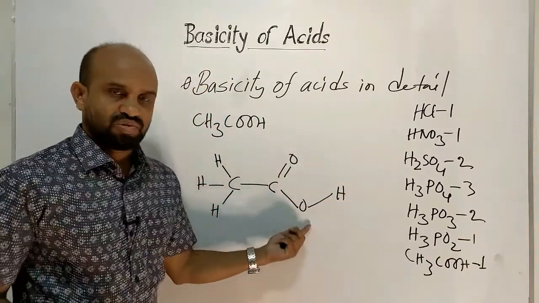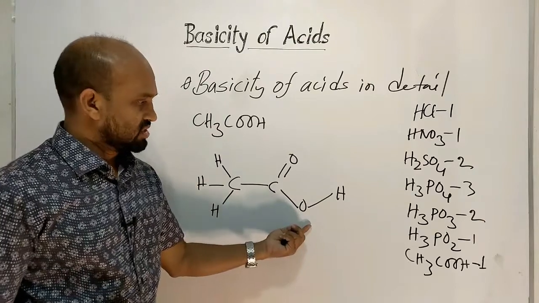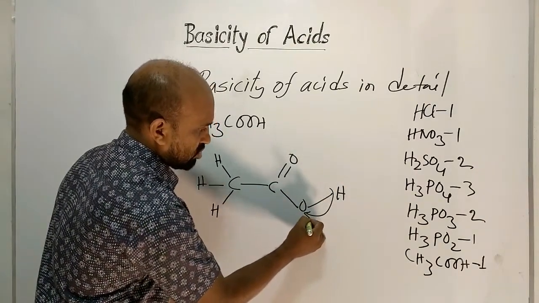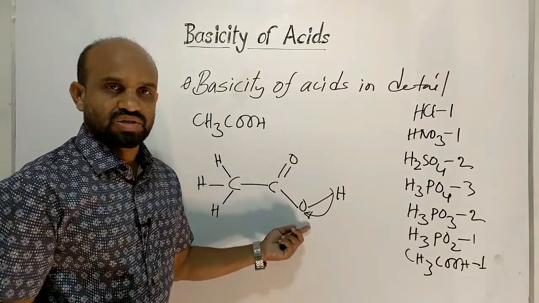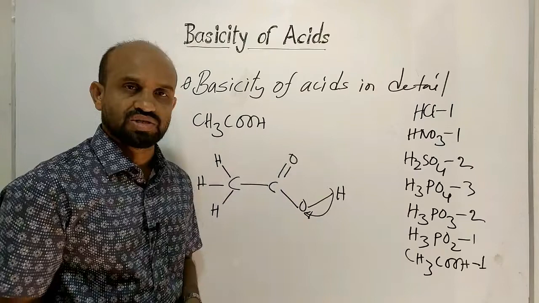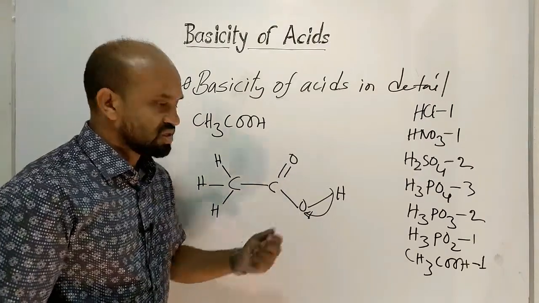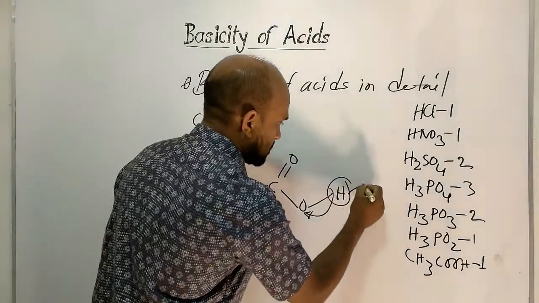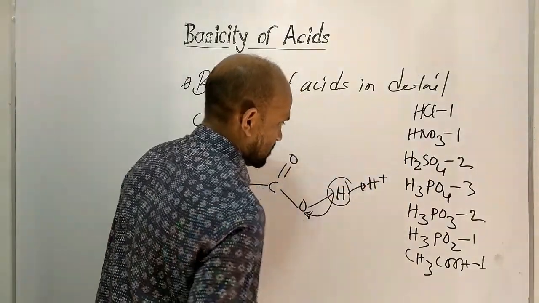This is the structure formula of acetic acid. Here, this bond is polarized and undergoes heterolytic fission because the electronegativity difference between oxygen and hydrogen is quite high. That is why this bond undergoes heterolytic fission and this hydrogen is released as a proton.